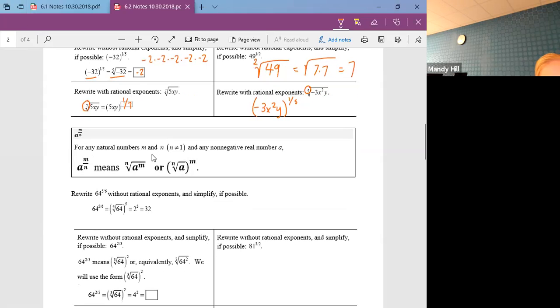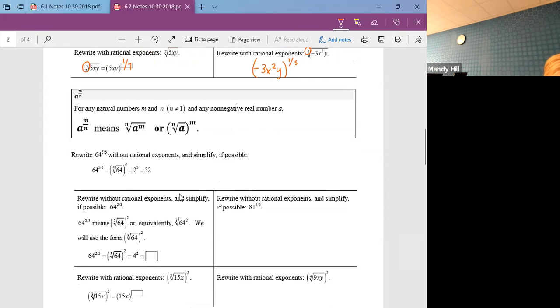For any natural numbers m and n that's not equal to 1 and any non-negative real number a, a to the m over n means this. Okay, so let's talk about that. So they've written 64 to the 5/6.